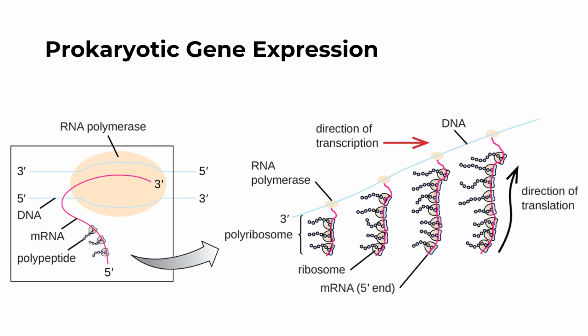This forms a polyribosome. Genes can have many polyribosomes attached, resulting in very high levels of gene expression. Coupled transcription and translation allows prokaryotic cells to respond to environmental signals and produce substantial amounts of protein in a very short period of time.